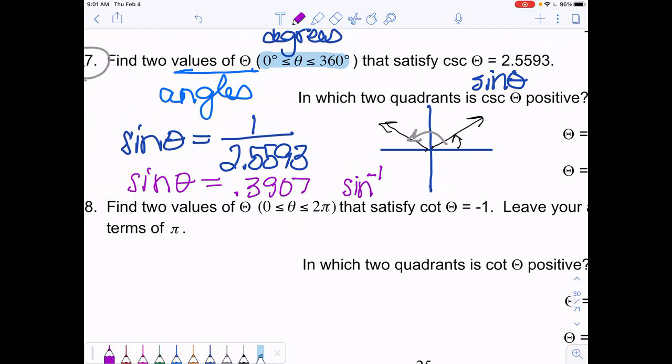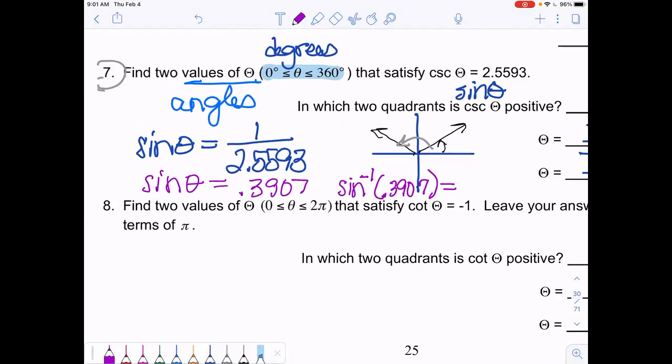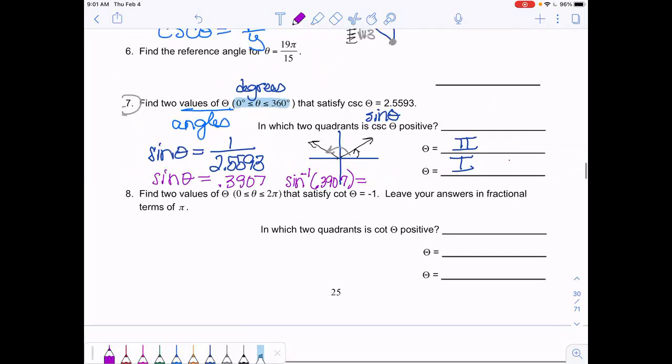We don't know the angle. So inverse sine, and then you can plug in that 0.3907. Make sure you change your mode to degrees. And then Grant, it should give you a decent number. Yeah, I like that. Basically 23. It's 23.00, and so on, but we'll say it's pretty much 23 degrees.